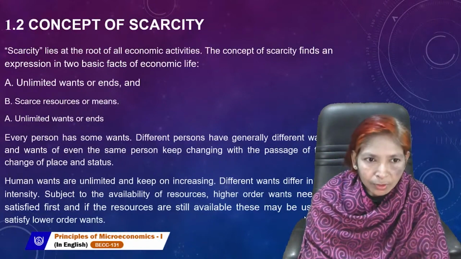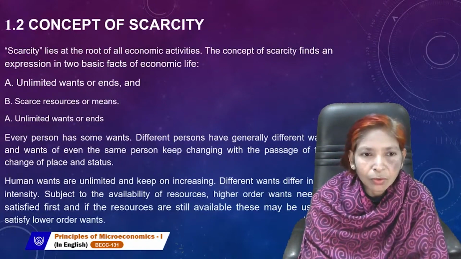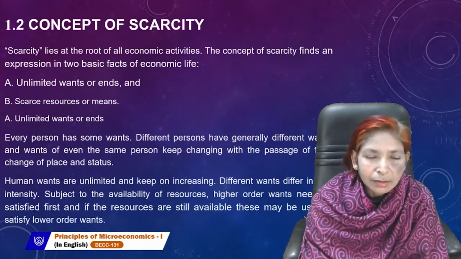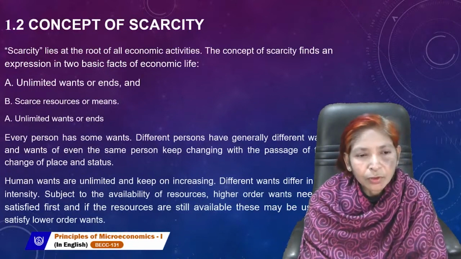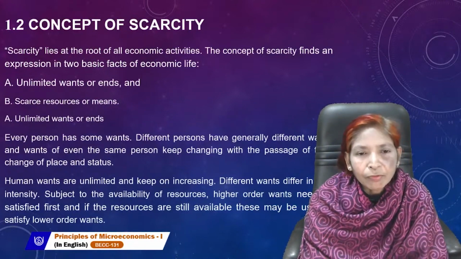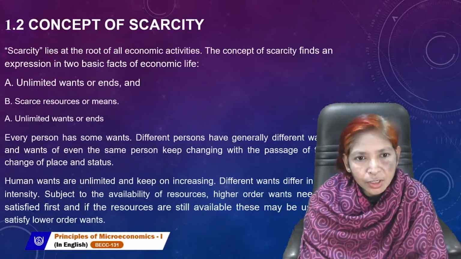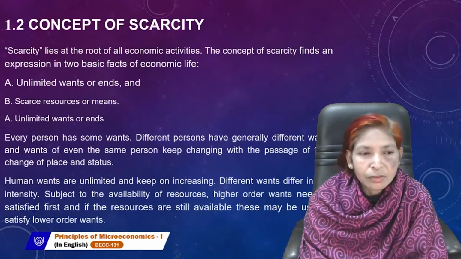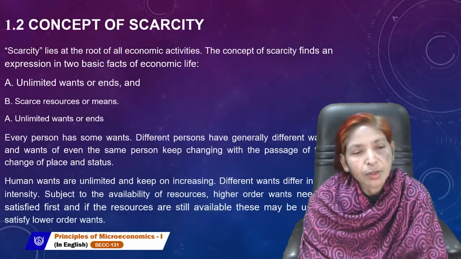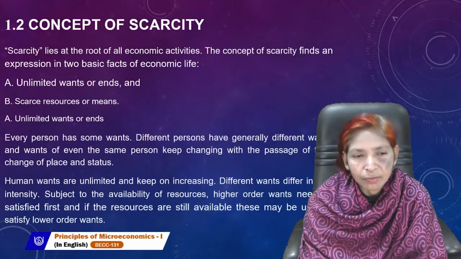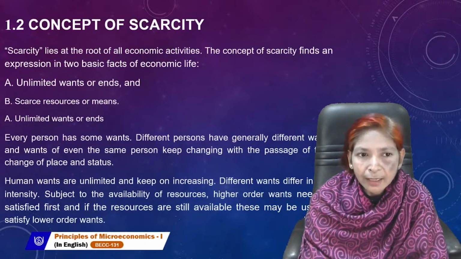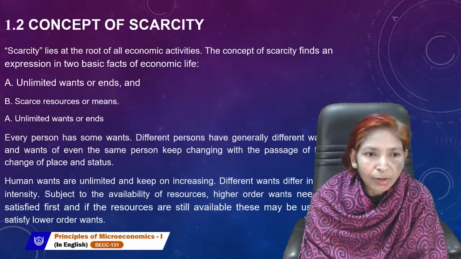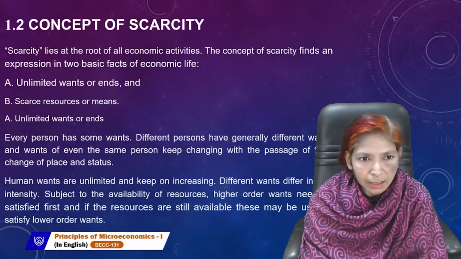The main producing factors are only four. One is land, second is labor, third is capital, and fourth is entrepreneur. These are called the primary factors of production, which are very useful for the production of goods and services. Without land, you can't produce anything. Without labor, you can't produce anything.